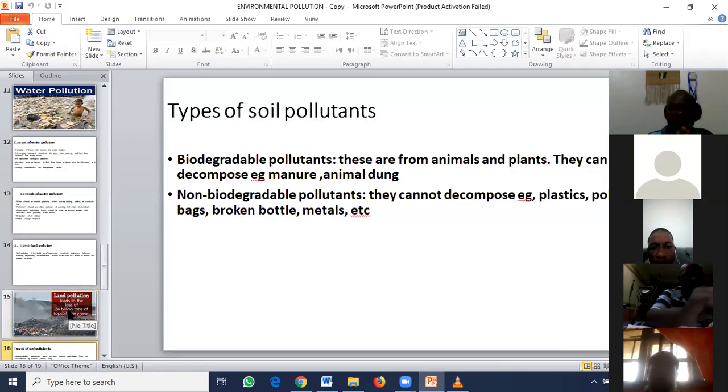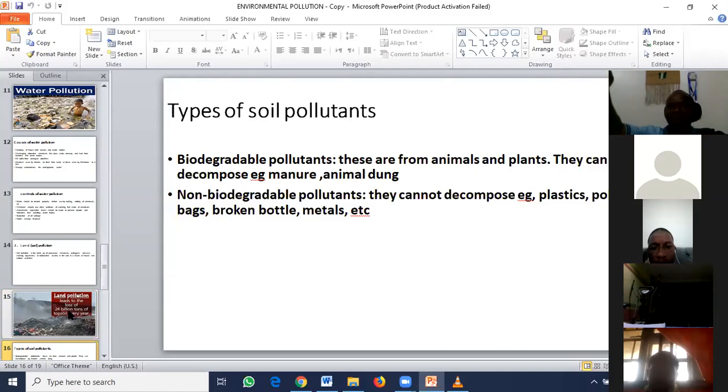The pollutants that pollute land can basically be divided into two: the ones referred to as biodegradable and the ones called non-biodegradable. Biodegradable pollutants are simply pollutants that can decompose, e.g. animal dung.